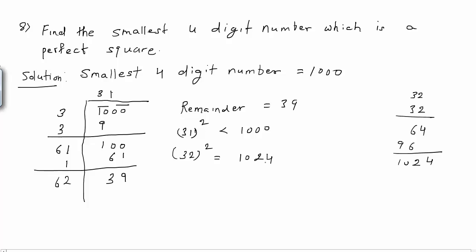32 square is 1024. Now this 1024 is greater than 1000 as well as a perfect square number. And 1024 minus 1000 will give me 24.